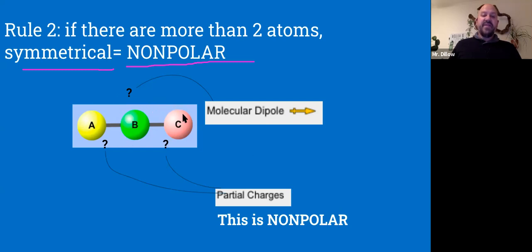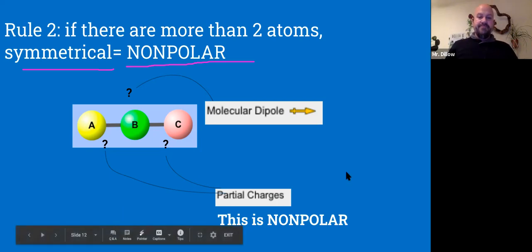Even if you have different atoms, it's still nonpolar. There's no molecular dipole, there's no partial charges if it's symmetrical. In this case, I could flip the atom around and, not paying attention to the colors, the overall shape would still be the same whether you flipped it up and down or side to side.